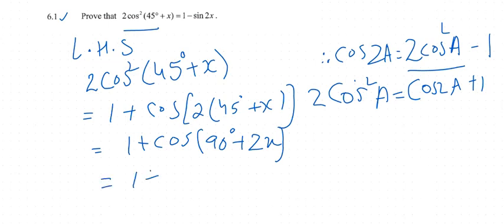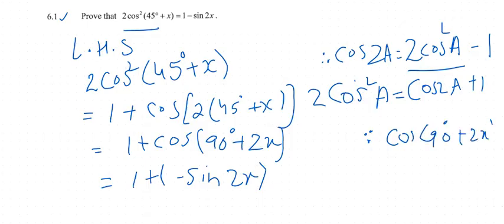Okay, so this is cos (90 plus 2x) equals minus sine 2x. Okay, so what value did we get? 1 minus sine 2x. So this is our left hand side.